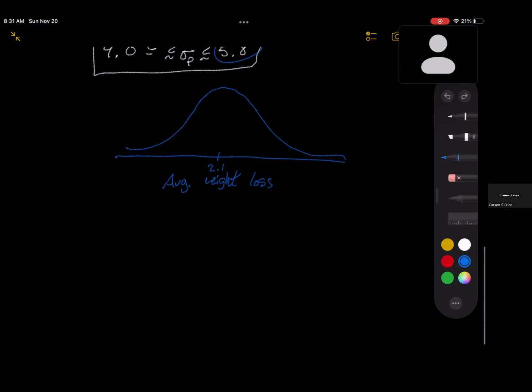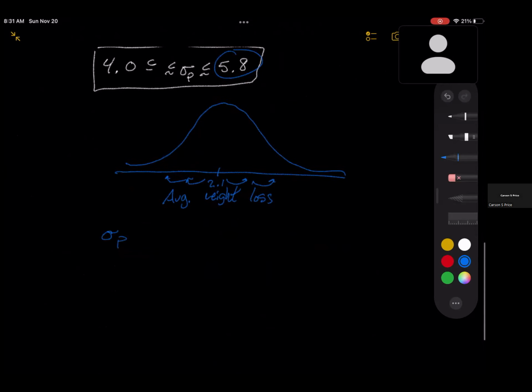Now, if I'm not an outlier, remember from the beginning of the class, we defined an outlier as being 2 standard deviations away from your mean, just as a rough idea of an outlier. And at worst, our standard deviation is 5.8.